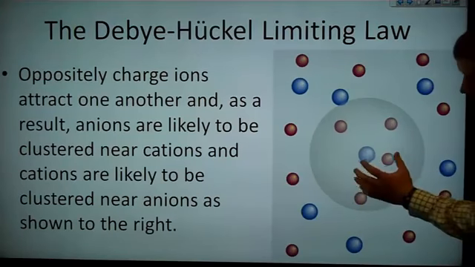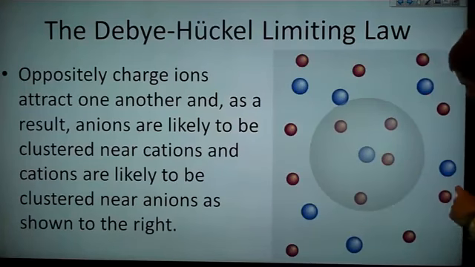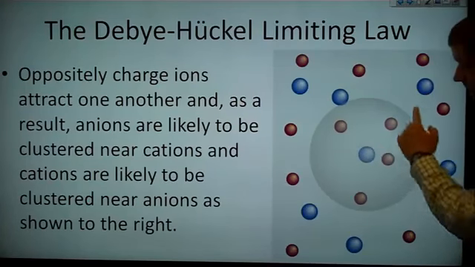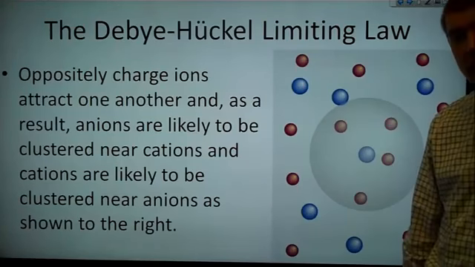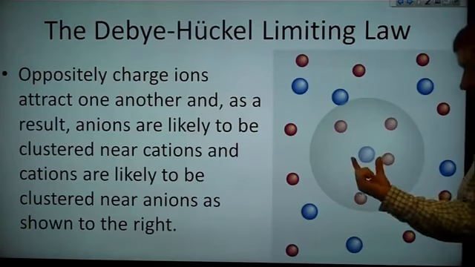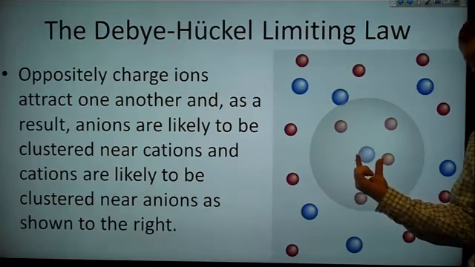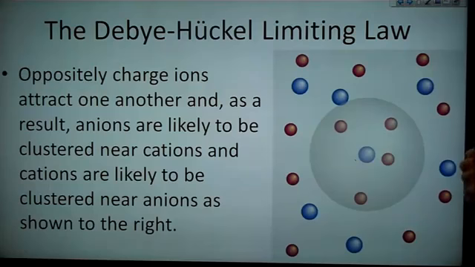So say we've got two types of ions. We've got blue ions, and we've got the red ions. Now, it doesn't matter which one we call which. Let's call the blue ones cations and the red ones anions. So if we look at any one particular cation, it's surrounded by anions nearby.